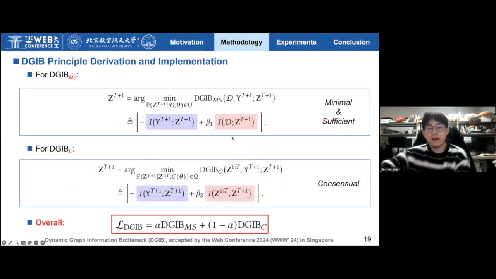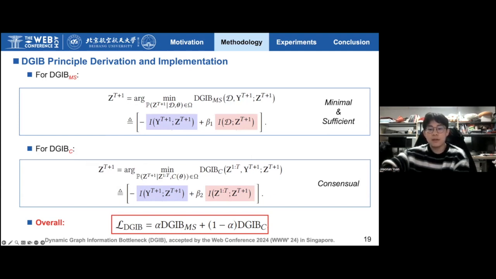So in summary, the optimization goal for the MS channel is to find the minimal and sufficient intermediate variable Z_{T+1}, while the optimization goal for the DGIB-C channel is to encourage the semantic consensus between the intermediate variables Z from 1 to T in each time slice and the final representation Z_{T+1}.